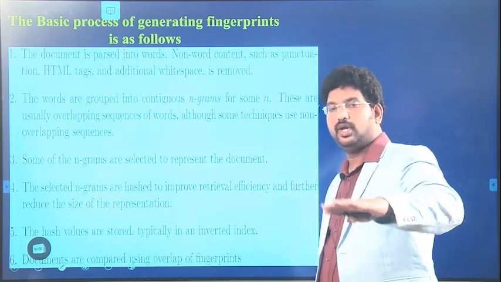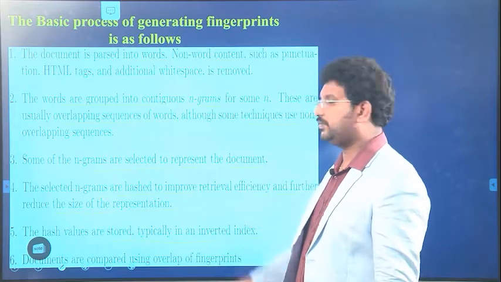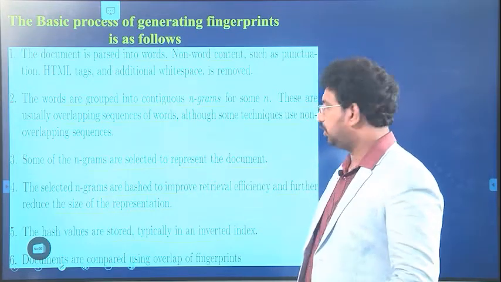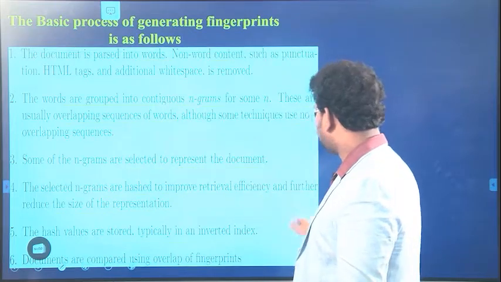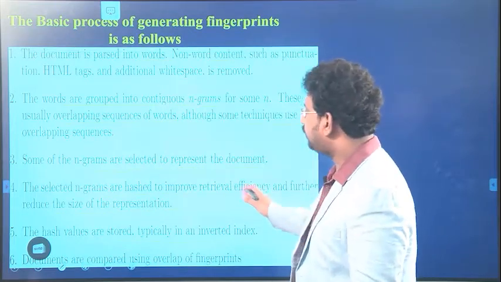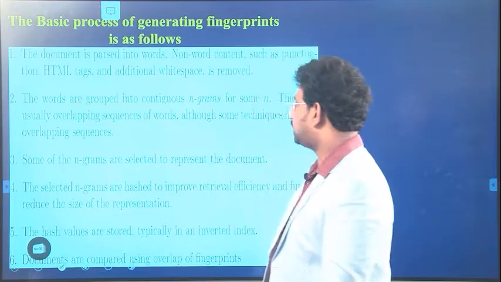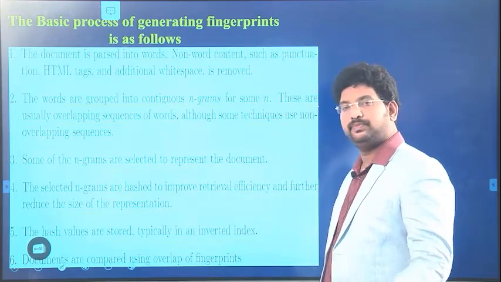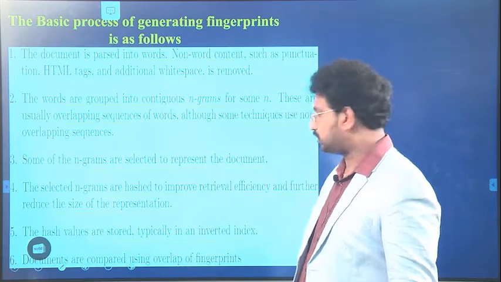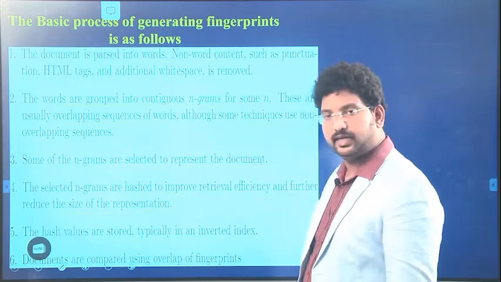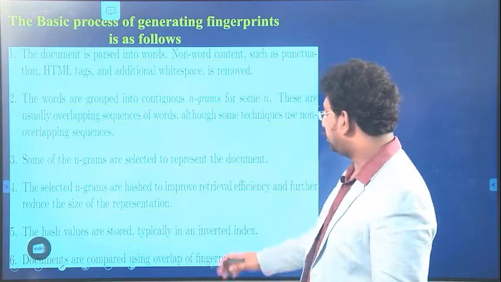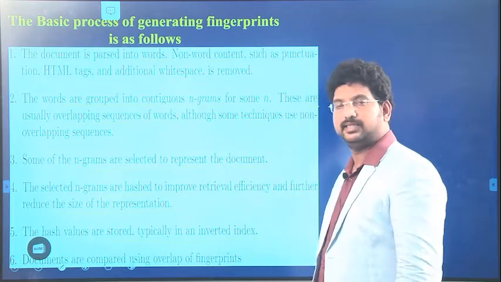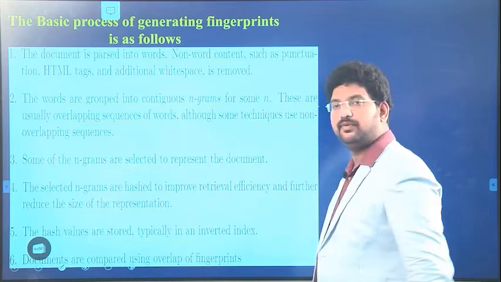From one document, you choose only a few of the n-grams, and the selected n-grams are hashed to improve retrieval efficiency and further reduce the size of the representation. The hash values are stored typically in the inverted index, and documents are compared using the overlap of fingerprints. So this is the process we are following.